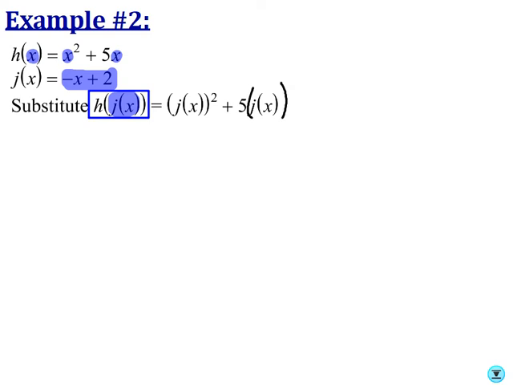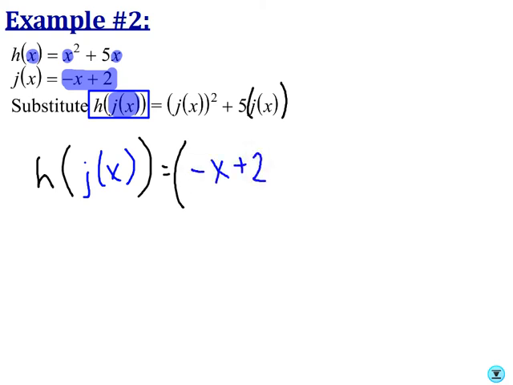So, starting out, h of my j of x. So I'm going to tell people what I'm plugging into the other function. And the first thing I want to do is I have x squared. So I would have parentheses, and now I'm going to plug in that j of x function, negative x plus 2, squared.